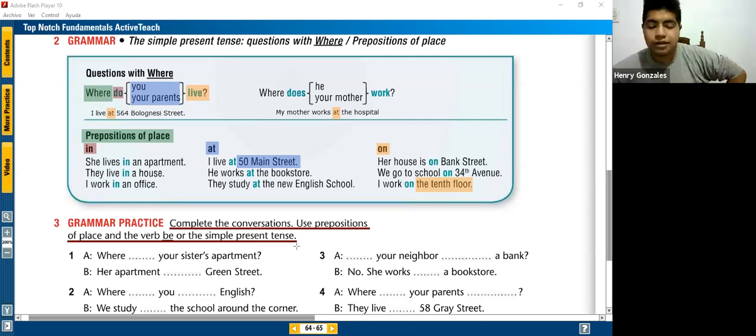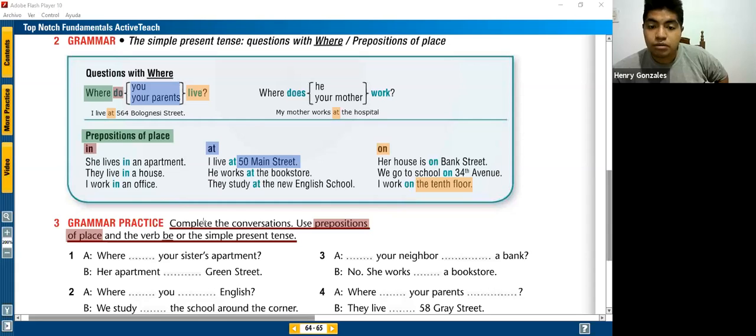Interesting, very interesting activity. So, complete the conversations with the prepositions of place. ¿Qué vamos a utilizar? Las preposiciones de lugar, no? And also, students, you are going to use the verb be, okay?